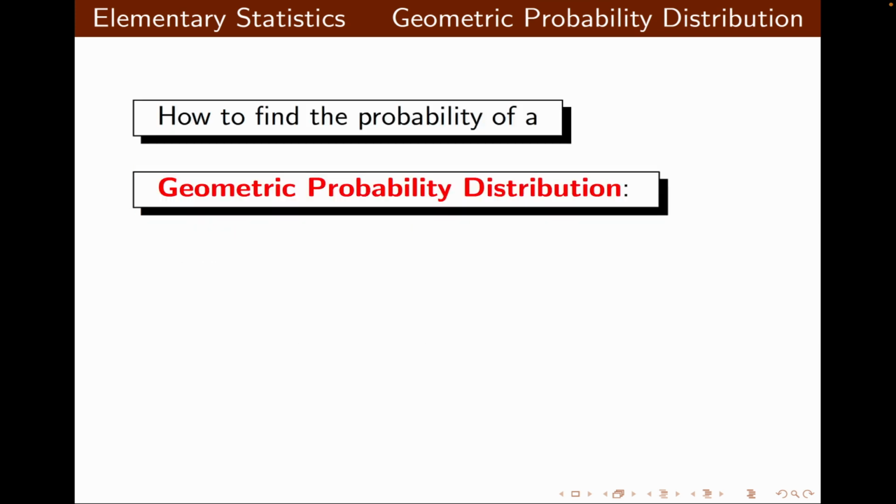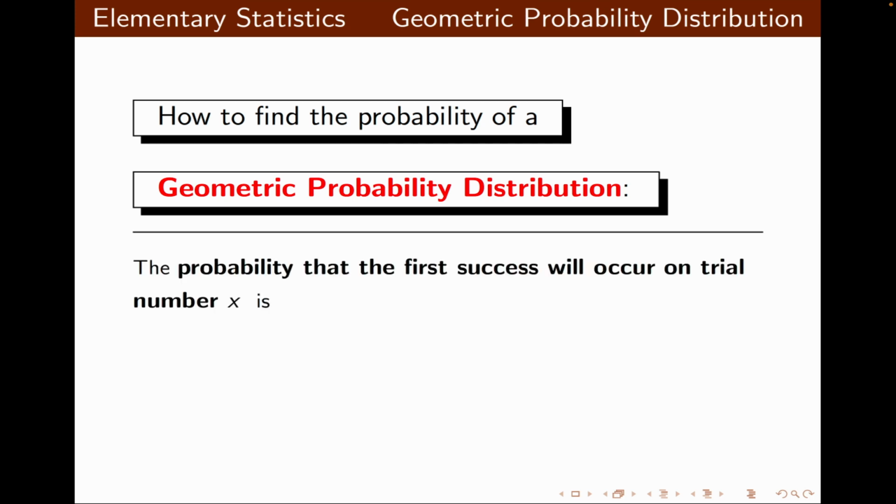How to find the probability of a geometric probability distribution? The probability that the first success will occur on trial number x is given by p times q to the power x minus 1, where q is 1 minus p, and p is the probability of success per attempt.